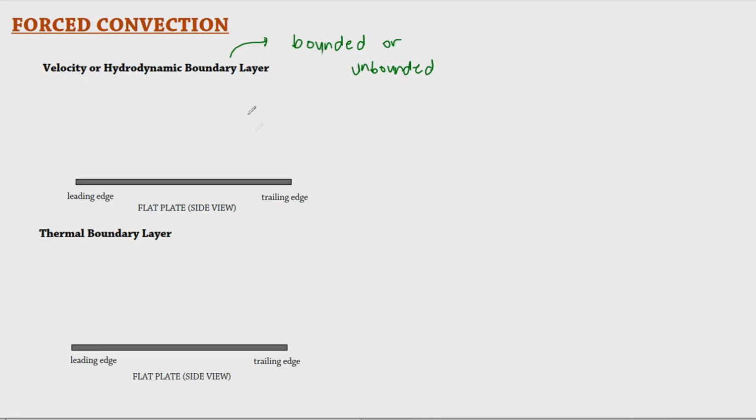The one I'll be showing is an unbounded boundary layer. What we mean by unbounded is that I just have one boundary here, and the fluid will just pass through this boundary without any boundary at the upper part. When we say bounded, I can add some layer here at the top.